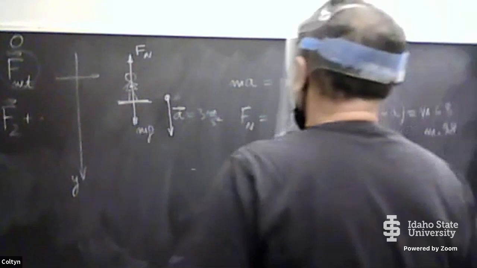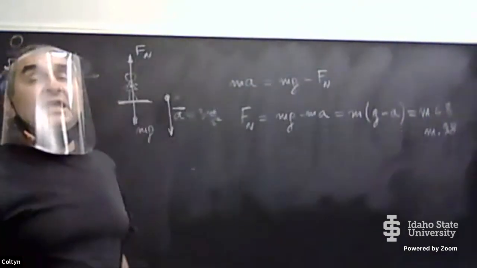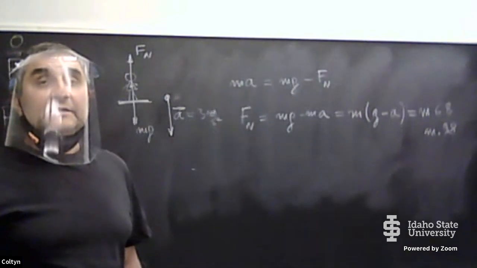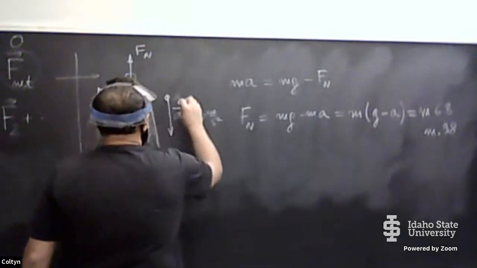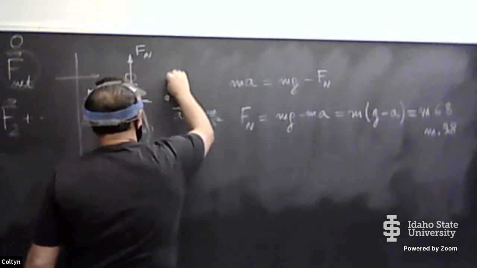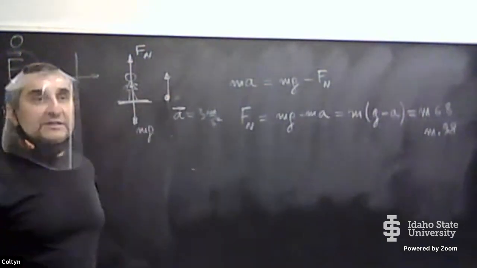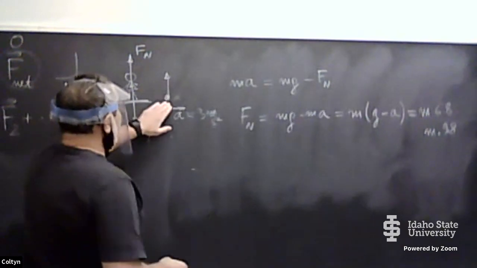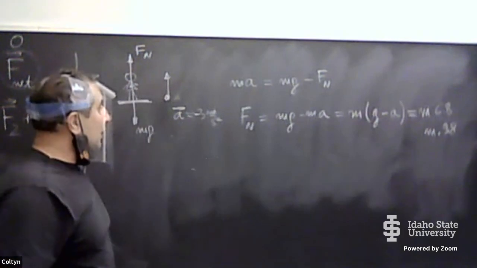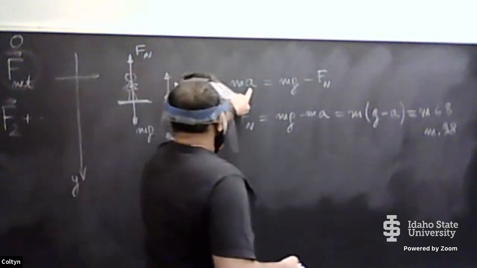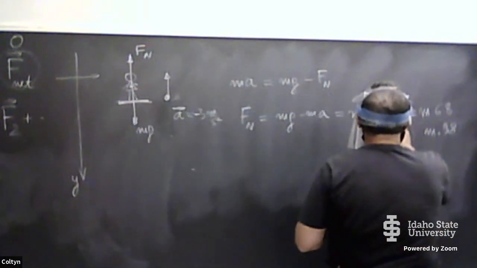Now, the opposite situation. Let's say that the elevator is picking up speed in the upward direction. In other words, the acceleration of this elevator now is directed upward. In this coordinate system, the acceleration in that case would be negative 3 meters per second squared. So a would be negative, and with another positive sign, you're going to get plus.